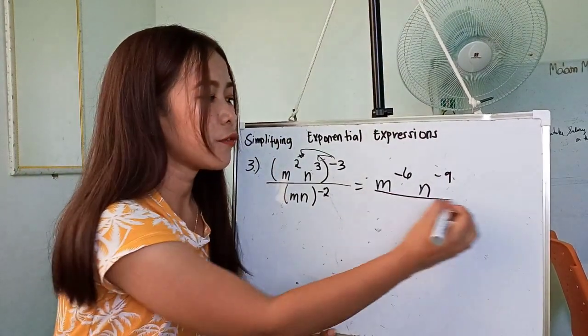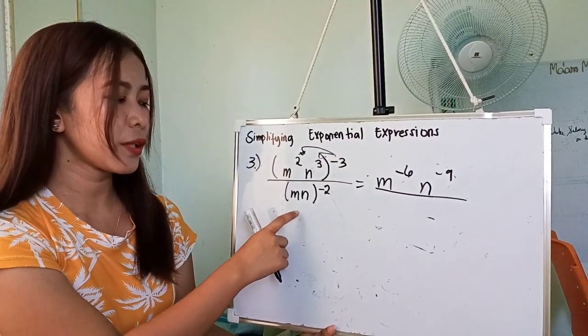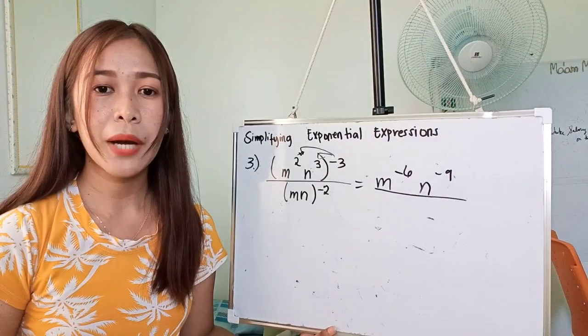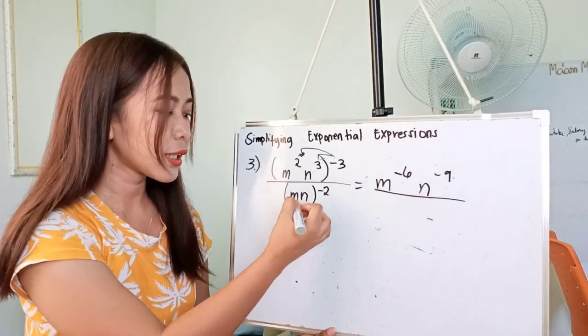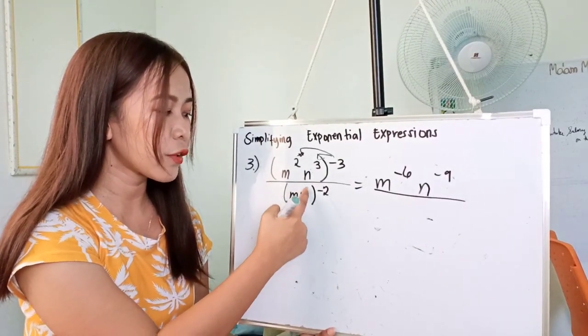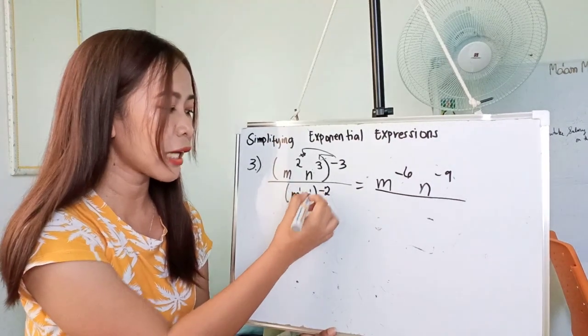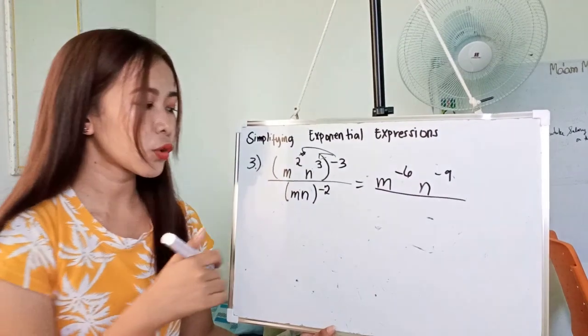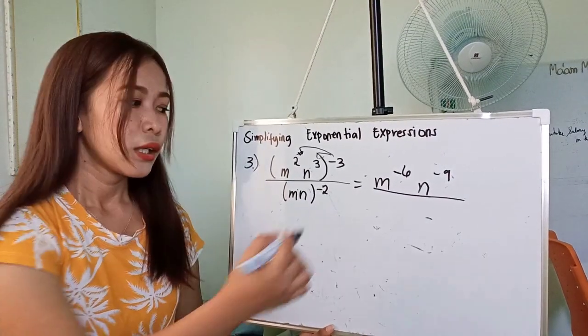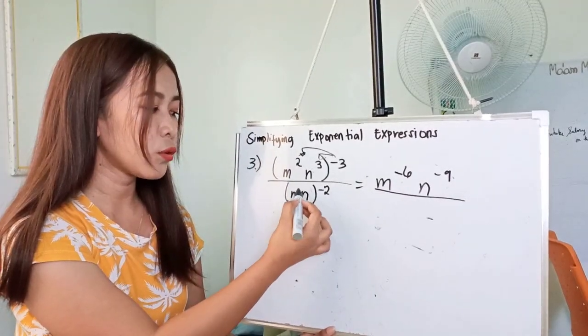Okay? And then over. Now, this one, we have to simplify this. This is under the power of a product rule. Okay, wherein, as you can see, dahil wala kayong nakikitang visible na exponent, automatic, meron yang 1. Okay? And then, under siya ng power of a product rule, what you are going to do is to distribute negative 2 to each.